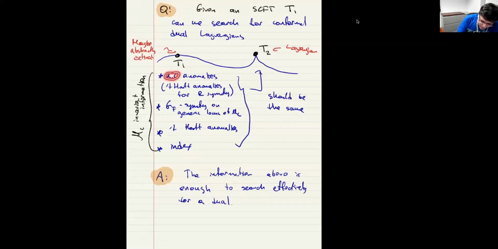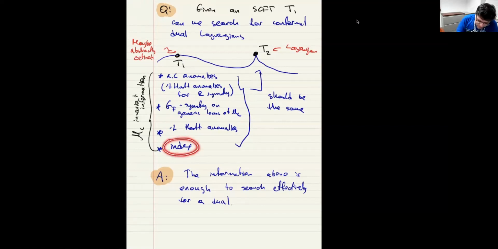I will not say it every time, but this is our basic setup. So in particular, in this setup, a and c conformal anomalies are related to 't Hooft anomalies of the R symmetries. This person also tells us, say, what is the dimension of the conformal manifold of this theory? What is the symmetry preserved on the generic locus of this conformal manifold? What are the 't Hooft anomalies of these symmetries that are preserved?